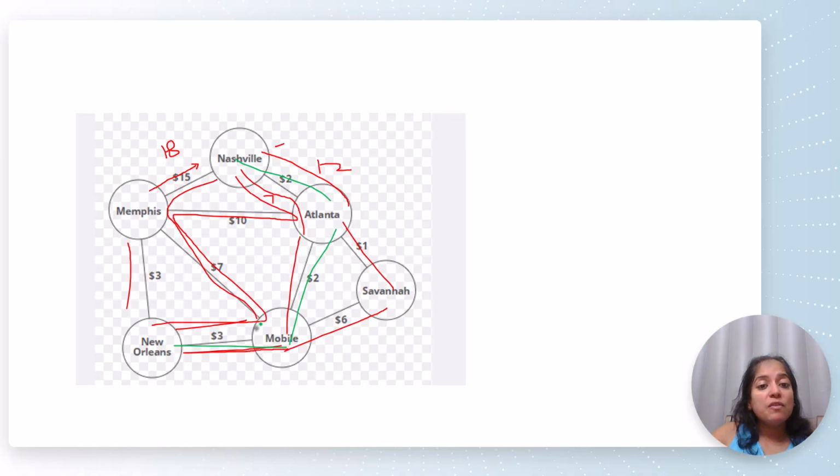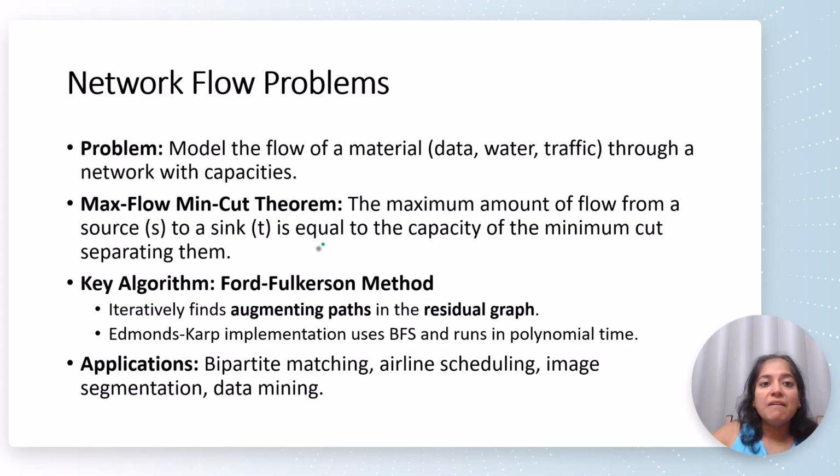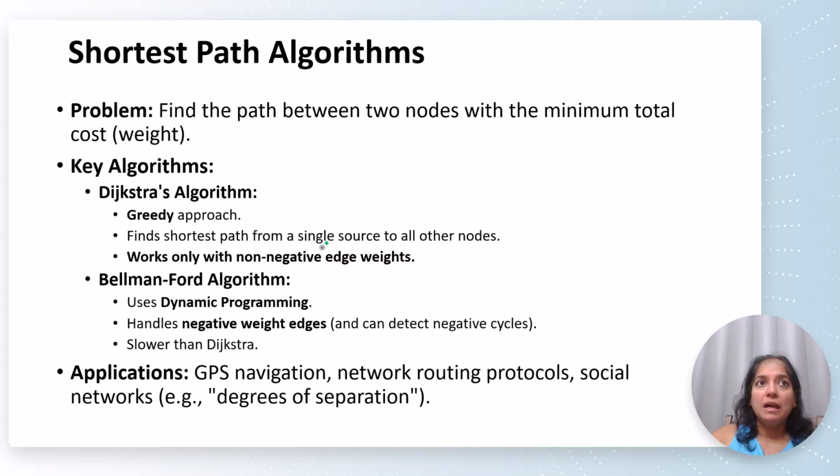So this is a kind of shortest path algorithm where we are determining the shortest weight or shortest path. This graph is small enough that we can determine it easily. But if we have a big graph, like a whole state with its number of roads and everything, then it is very difficult to find out like this.